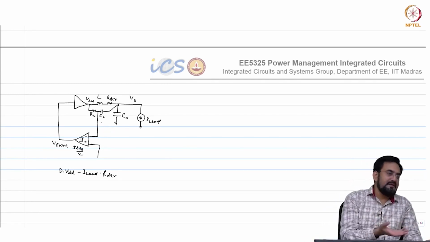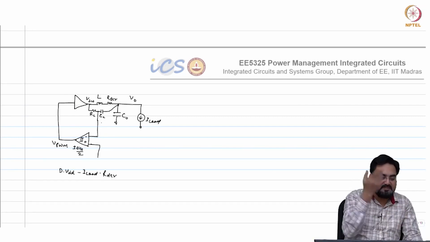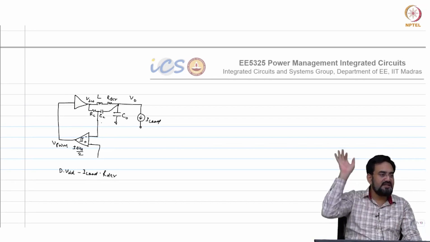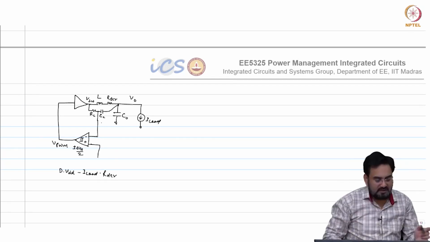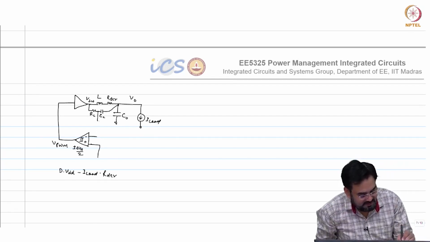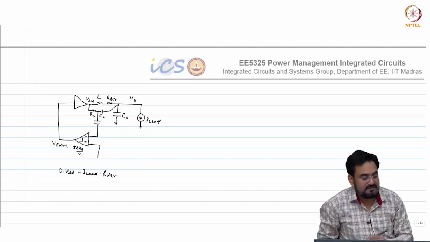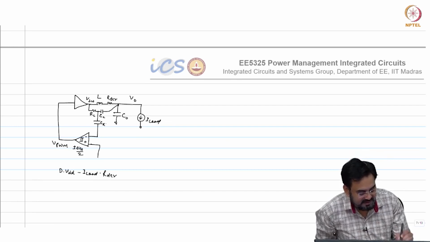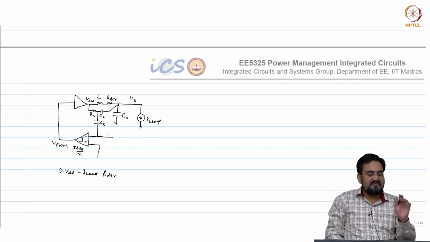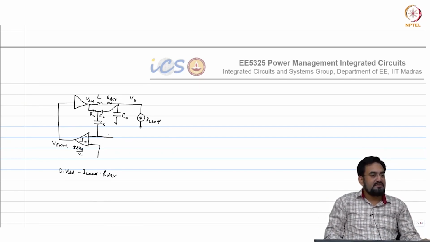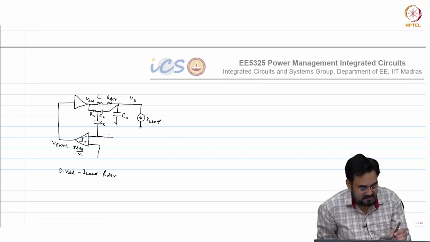I am interested in the ripple as such. Why don't I simply extract the ripple and leave the DC? I can do that. How? I just need to add one more capacitor, let us call it CR. And where do I want the DC of this feedback? V out.